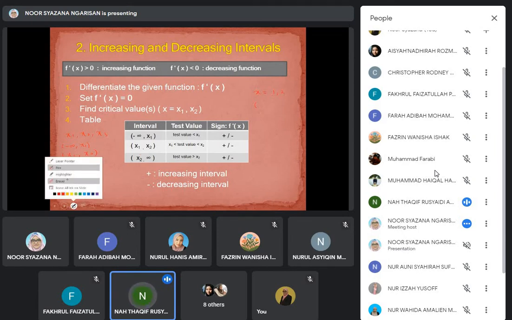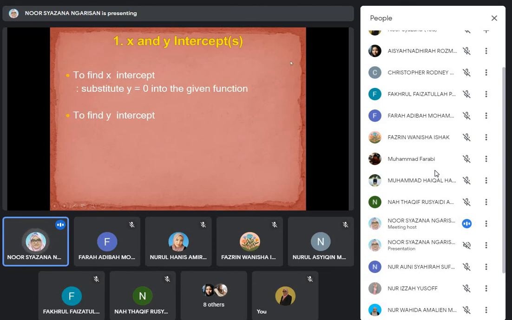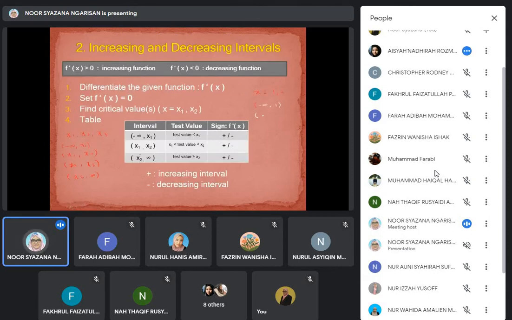Negative infinity until 1. Okay, very good. Correct. Next, Aisyah Nadira, can you please give me the second interval? 1 and 2. Okay, very good.